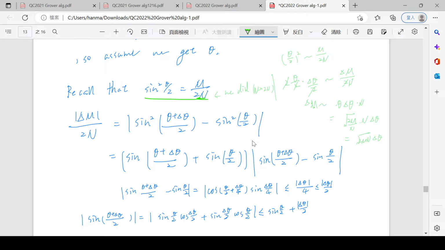Okay, now let's play trigonometry. So first we have x squared minus y squared equal to x plus y times x minus y. Because I have absolute value, everything still has absolute value.